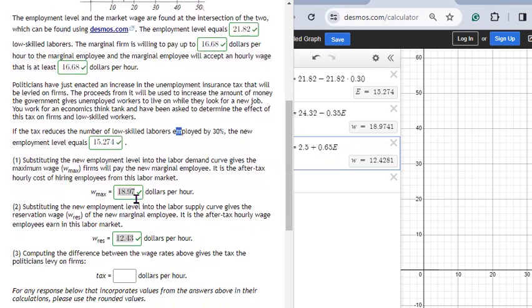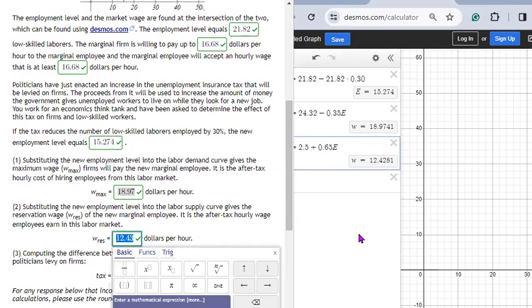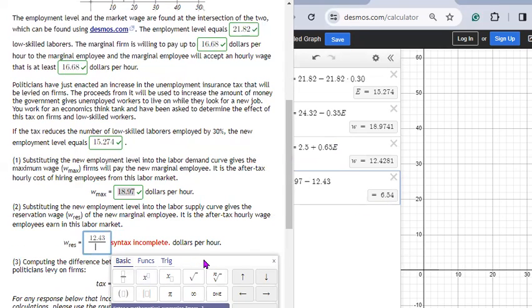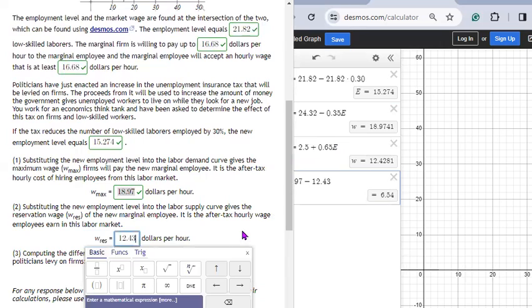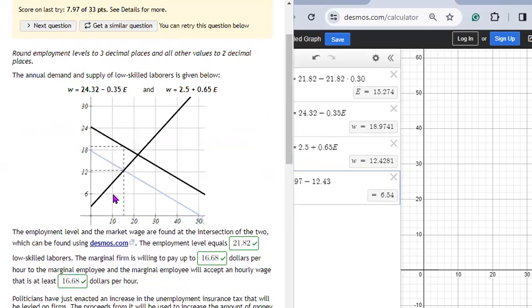So to get the dollar amount of the tax, we subtract this value and this value: 18.97 minus 12.43. The amount of tax in dollars is 6.54.